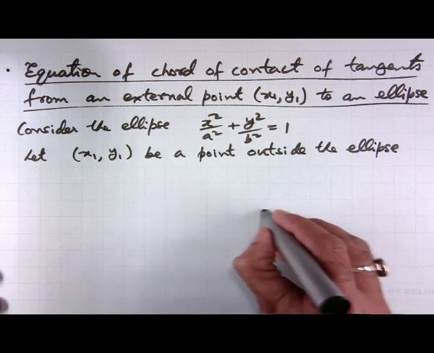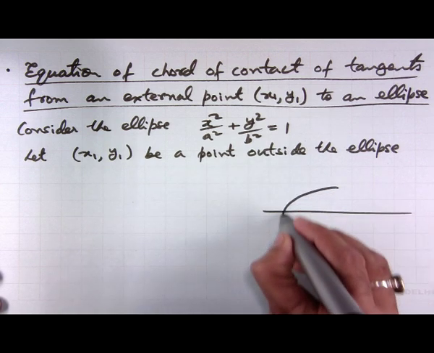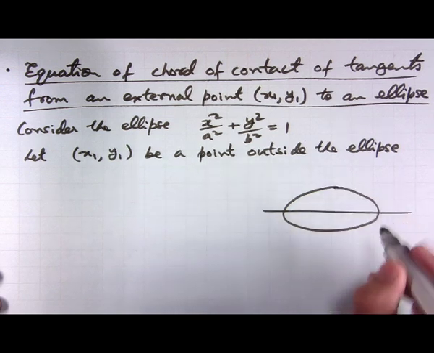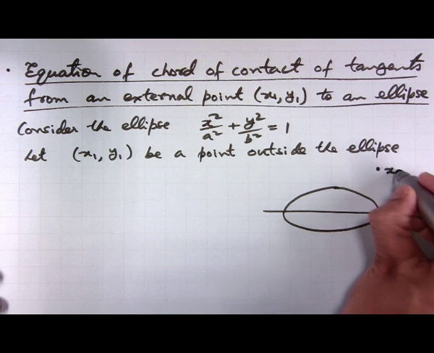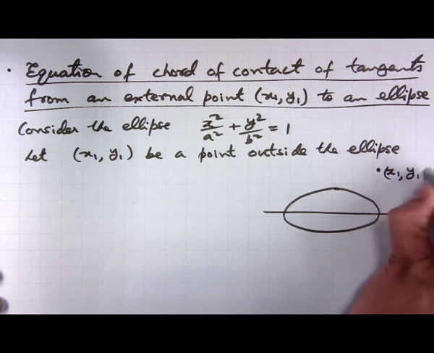So, we have this ellipse and we have some point x 1 y 1 which lies outside the ellipse.